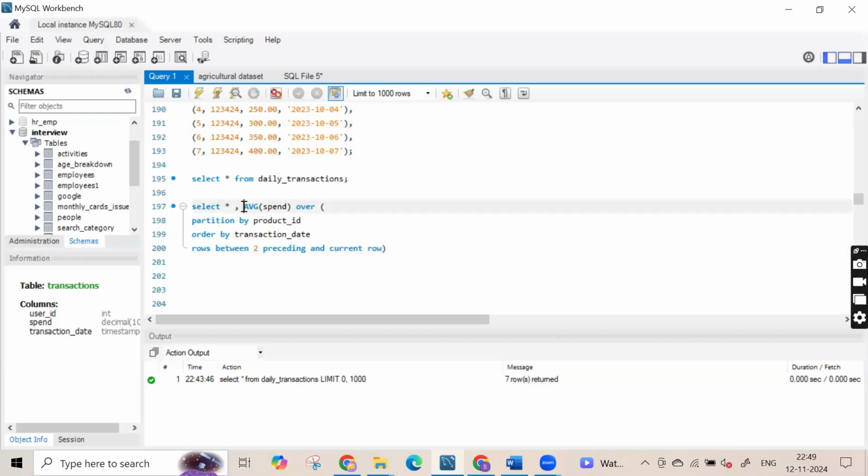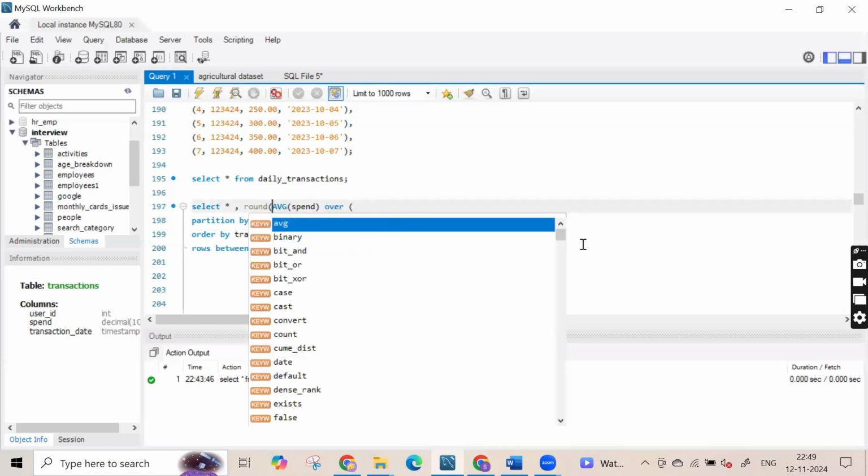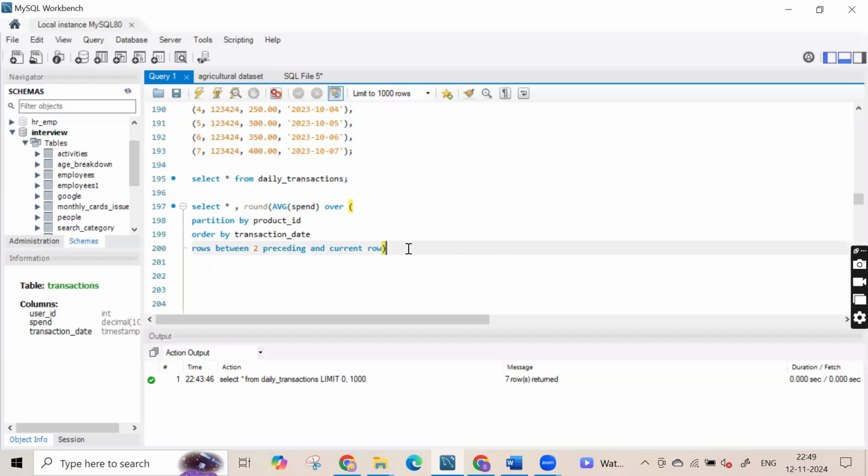Then you can round it to two decimal places if you want. Not necessary. If you are asked to do that, please round it to whatever decimal places you are asked to. And this you can give an alias as rolling 3 day average. This is what you can do.